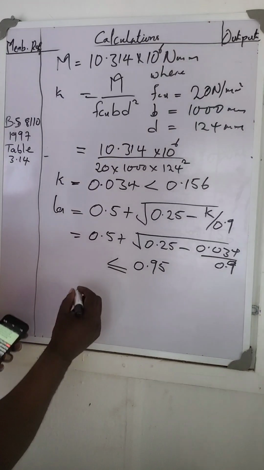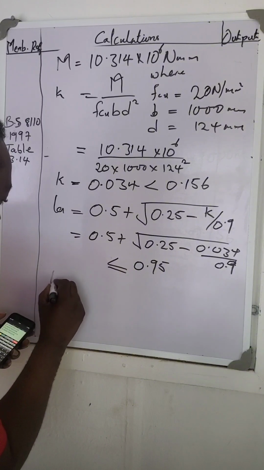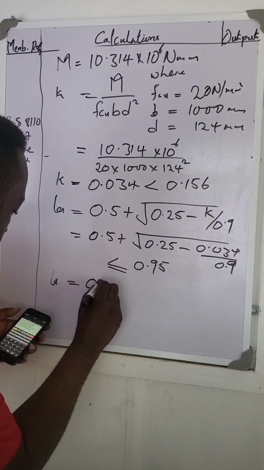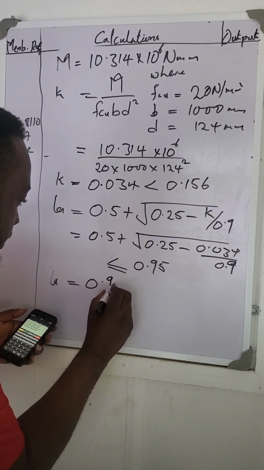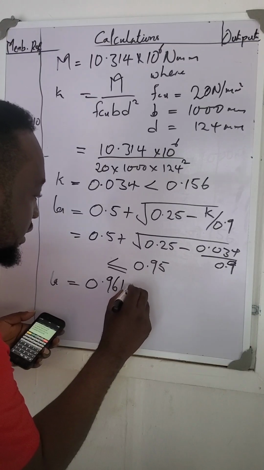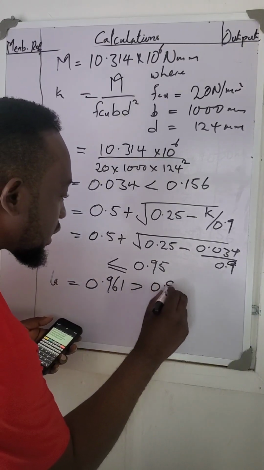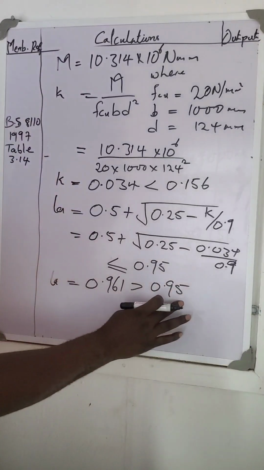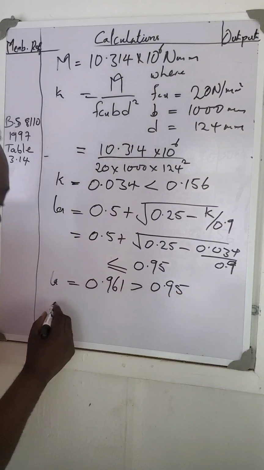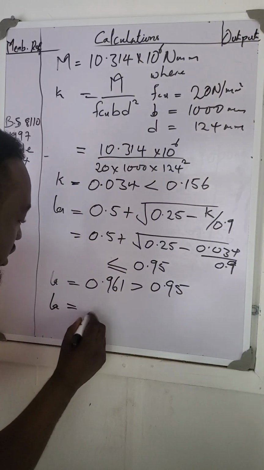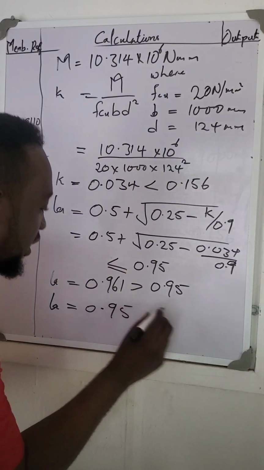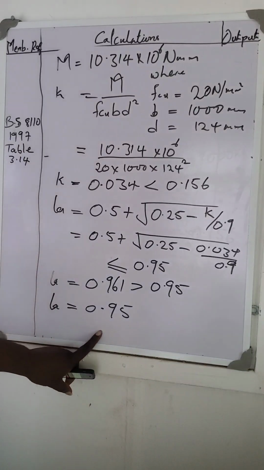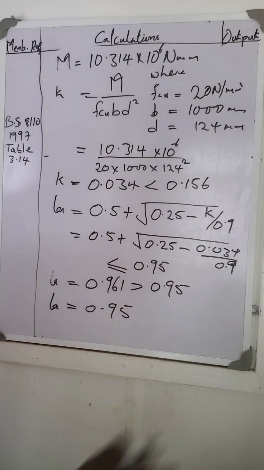So what we have now is LA equals 0.961. This is greater than 0.95. You use the lesser value, which is 0.95. So for LA, we are using 0.95. All right, there is somewhere we are still going to.